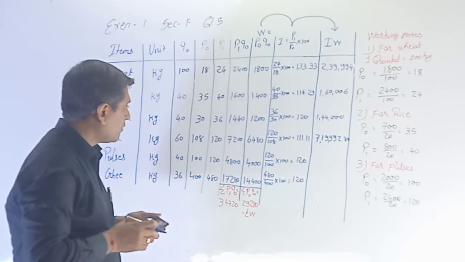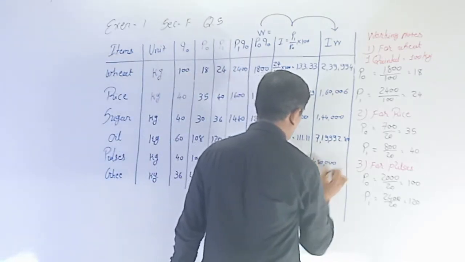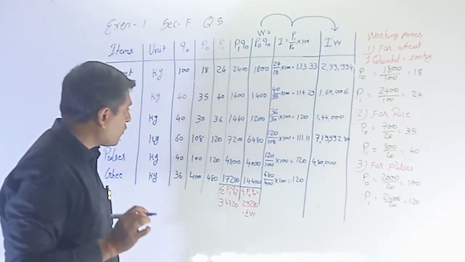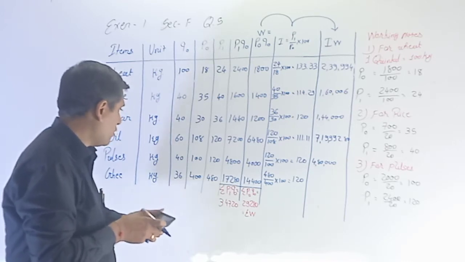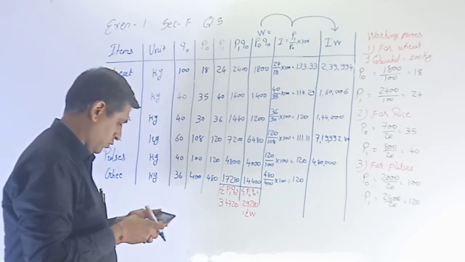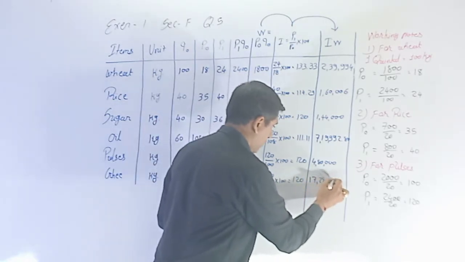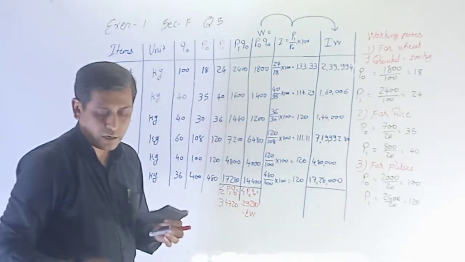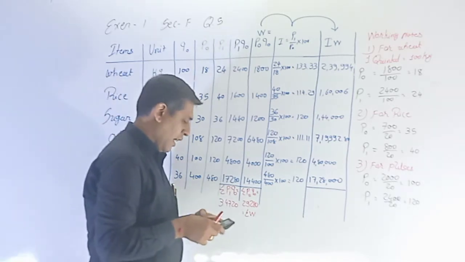Then 4,000 into 120, 4,80,000. Then 14,400 into 120, 17,28,000. So here somehow the calculation is difficult.